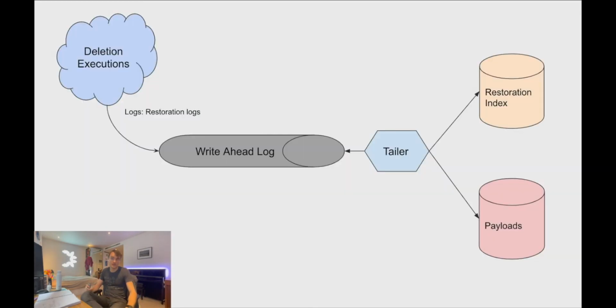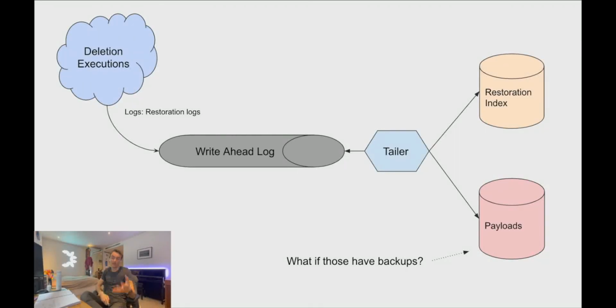The way they work is, as you've seen, when deletions get executed, they write some data to a write-ahead log, which is then aggregated by a tailer into bigger payloads and written to some data store somewhere. An interesting issue we had to deal with is where we need to have an upper bound on how long we can retain deleted data. And here we reach an issue where when we store that data, they might have backups over backups, right?